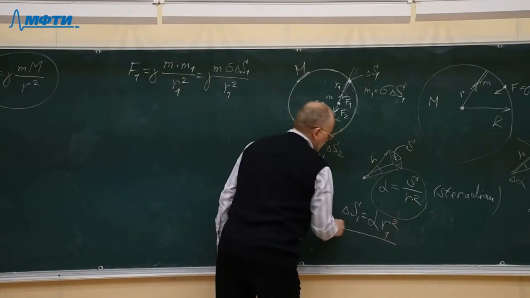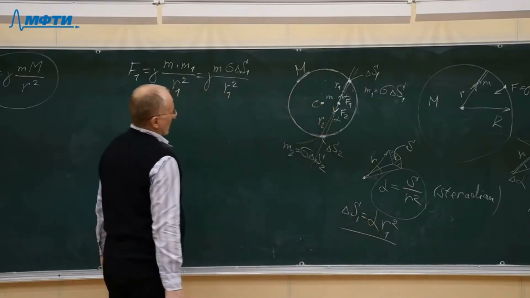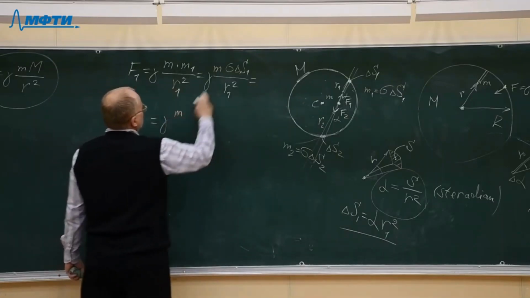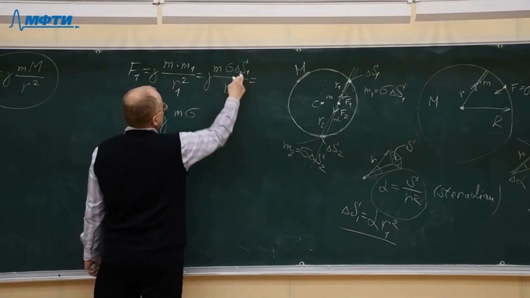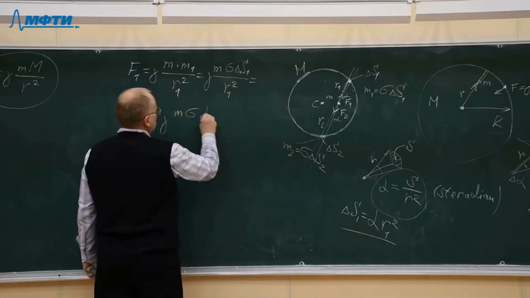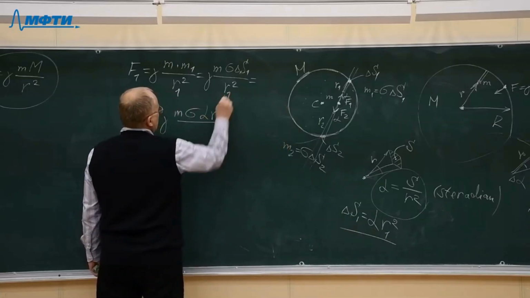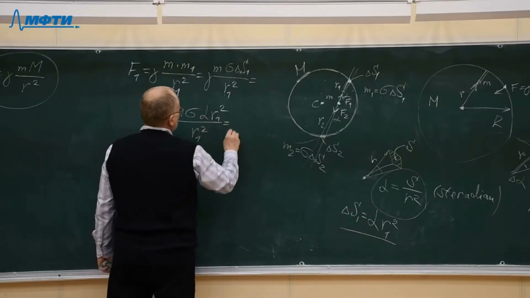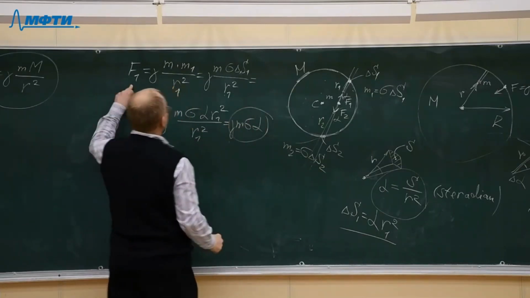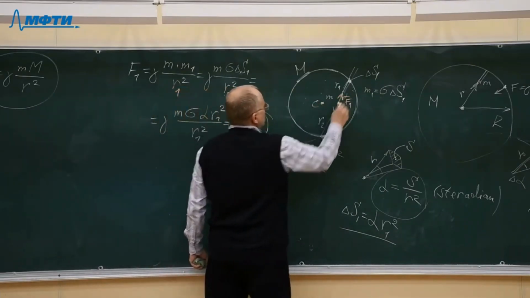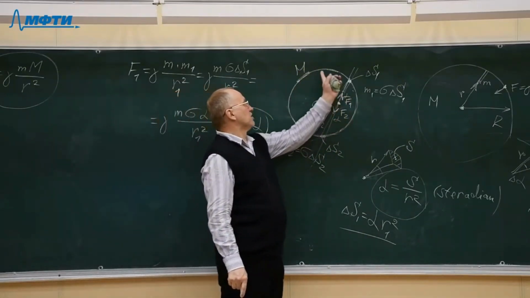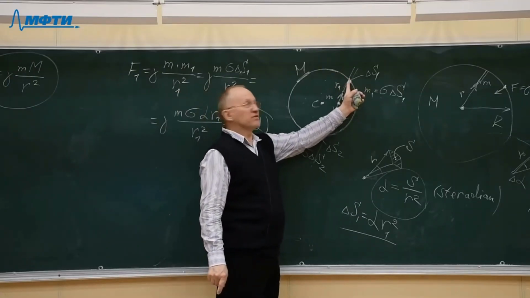This is from the definition of what a solid angle is. So we use this expression to obtain gamma small m sigma, and for delta S1 we substitute alpha r1 squared and divide by r1 squared. So we obtain gamma m sigma alpha. That is the force F1 acting in this direction, upward. The force acting on this body from the small element of the surface of the sphere.